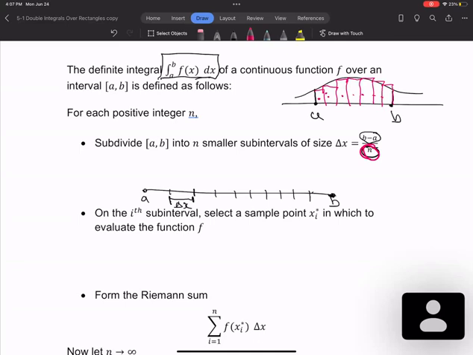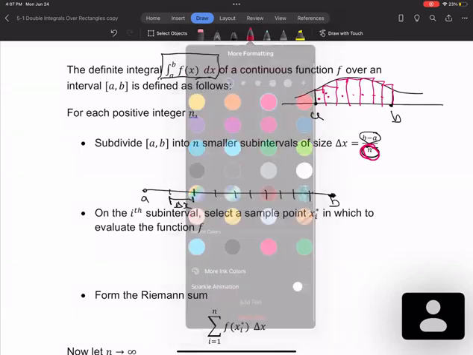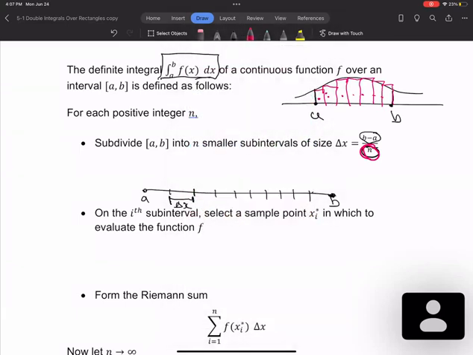So what we did was to choose a point. You can choose a point in the middle. Then we said, if this is delta x, what is the area of this rectangle? The area of the rectangle is base times height.